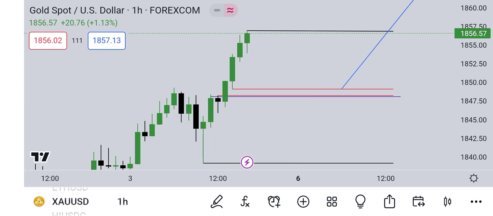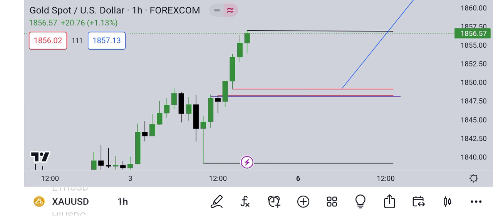One of the things that you must do, like I said, is that we must always watch DXY, the dollar index. So what am I expecting on the dollar index according to this chart? When the market opens on the dollar index, the market should rally up a little bit. While it's rallying up, this one will come down into this fair value gap.